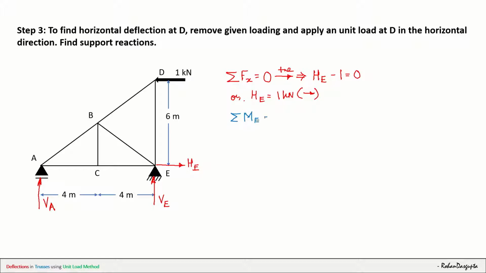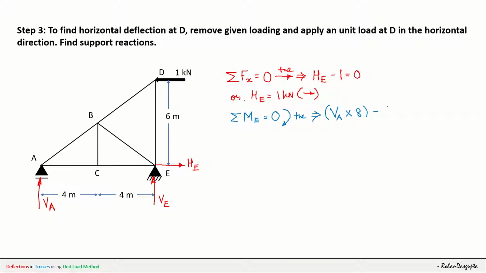is equal to 0, and let me consider the clockwise direction as positive. So if I start from the extreme left, I will have a moment of VA multiplied by 8 in the clockwise direction. So that will be positive. And I will have an anti-clockwise moment of 1 into 6.